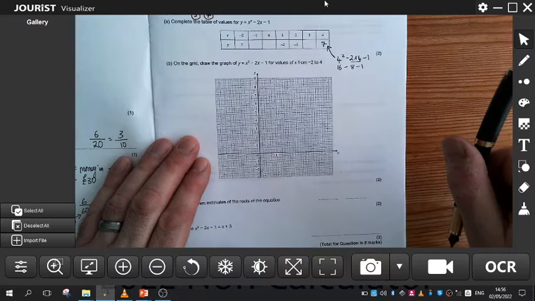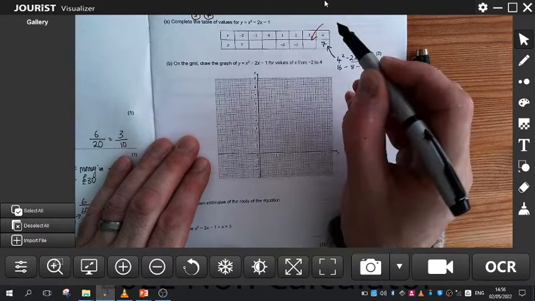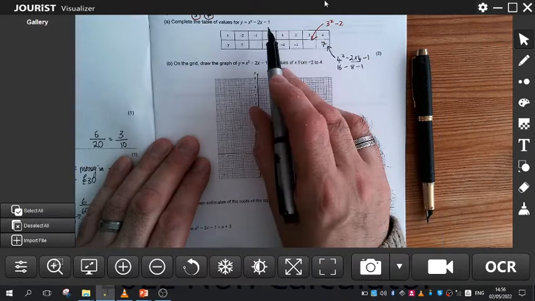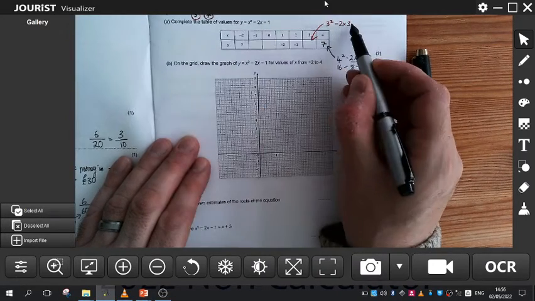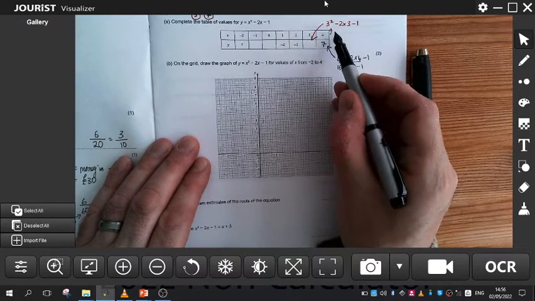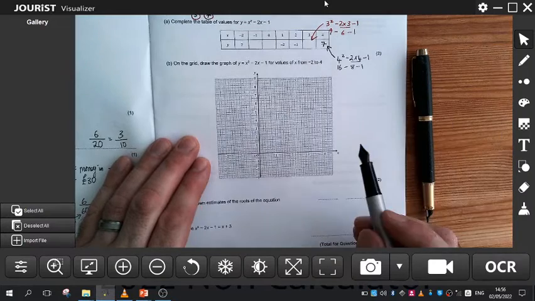I would be then tempted to do number 3. X is 3, so we've got 3 squared minus 2 times 3 minus 1. 3 squared is 9, minus 2 3s are 6, minus 1 gives me an answer of 2.